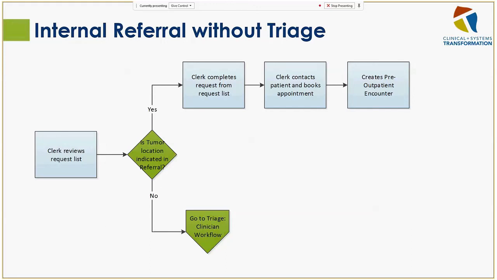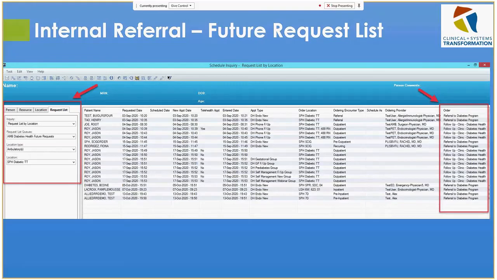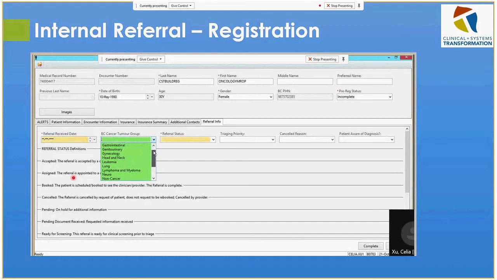Okay. So I also want to bring up this part in the registration field. BC Cancer has a specific registration in that they identify the tumor group from this list, and this is a set list provided by BC Cancer. The reason I bring this up is if this information is in the referral info, then if the clerk was to schedule patients based on the tumor group, they could look in this referral info tab to find that information.